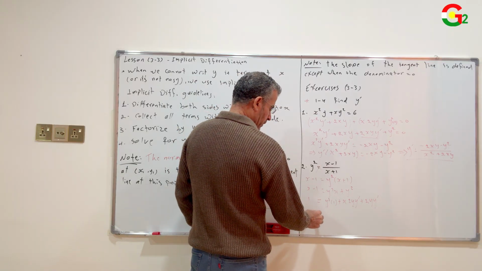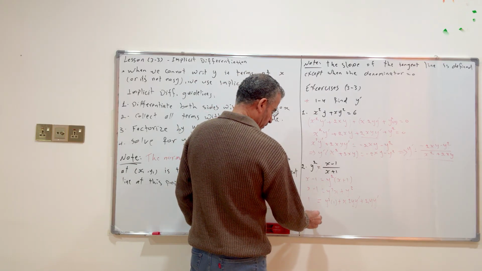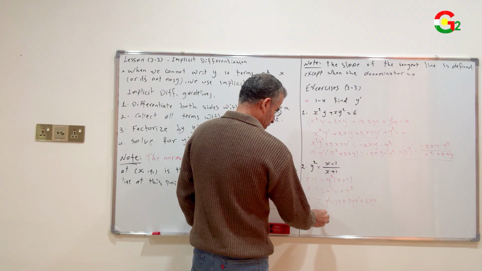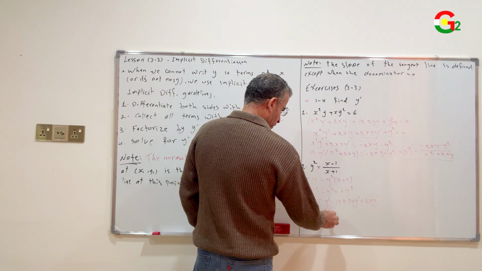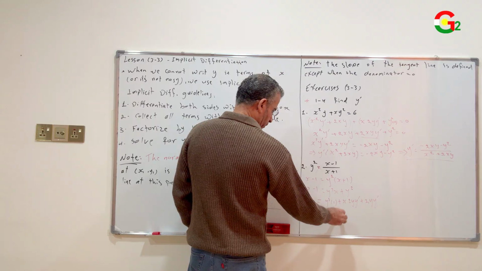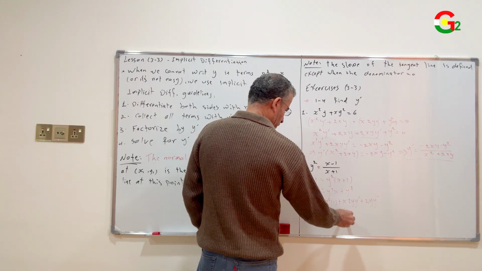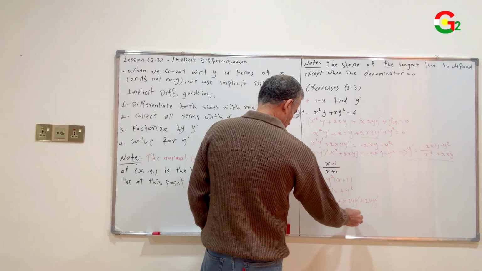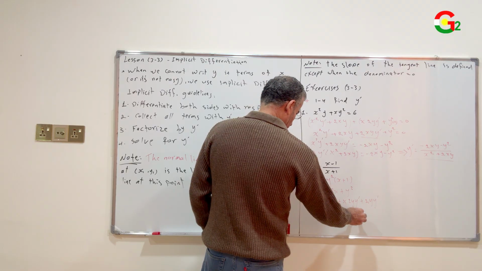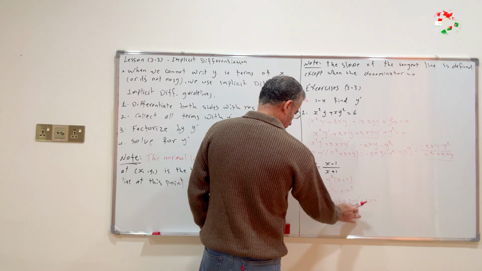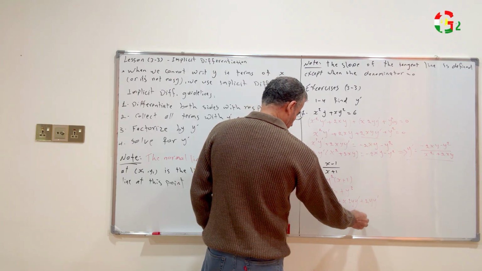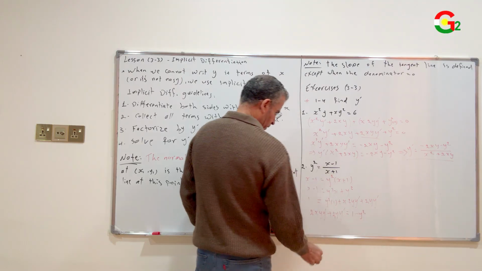Set the terms with y prime on one side: 2xy y prime plus 2y y prime equal to y squared or 1 minus y squared.